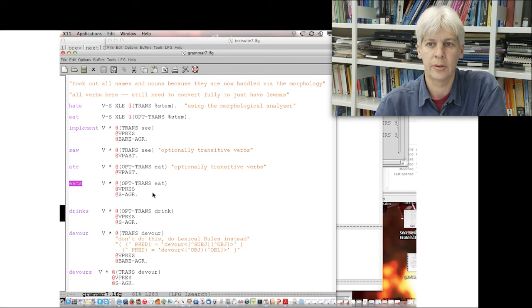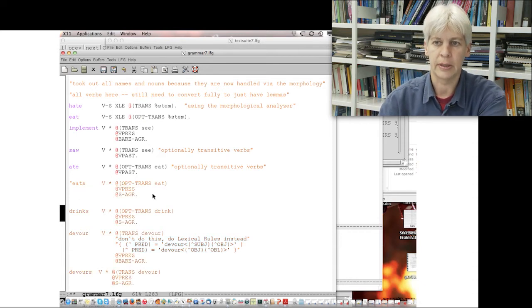This is my full verb entry. But in fact, I also have an entry up here, which is just the stem, which is pointing to the morphological analyzer. So I'm getting eats from two sources, one from over here and one from over here. So I don't actually want this source. We decided to get rid of full forms as much as we can because we have the morphological analyzer now.